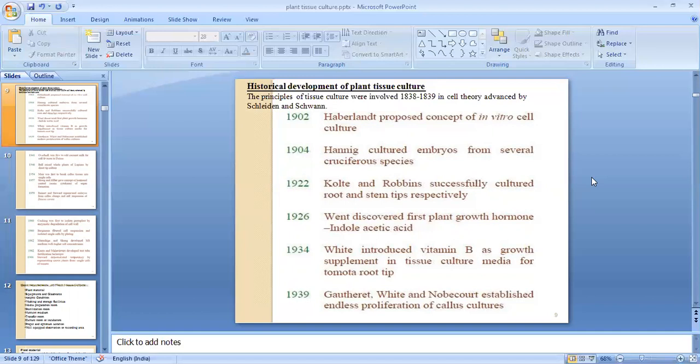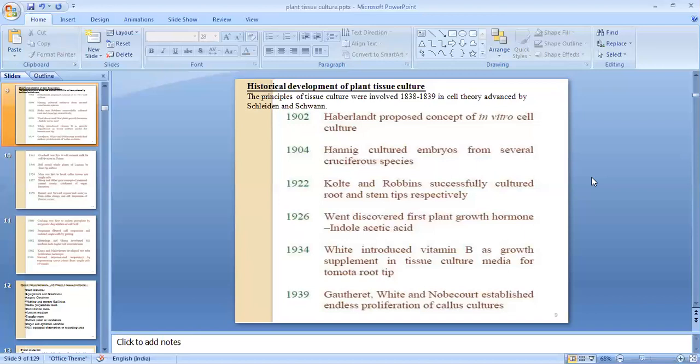And in the early 19th century, studies and various developments started. In the year 1902, Haberlandt proposed the concept of in vitro cell culture. And in 1904, Hanning cultured embryos. Embryos, you know very well, are a part of a seed. From that, the explant is taken, and they developed cruciferous species.